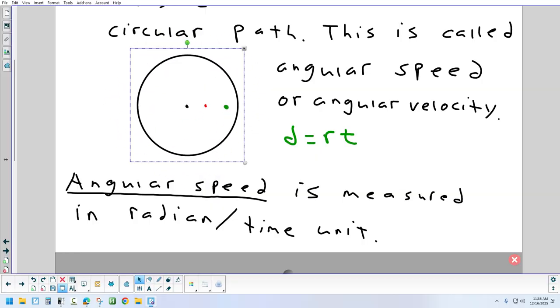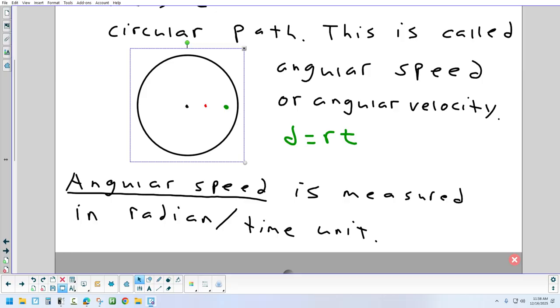That's the speed. 1 revolution per 3 seconds. What we don't care about with angular speed is the size of the revolution. That's not important. Okay, so we're making 1 revolution in 3 seconds.